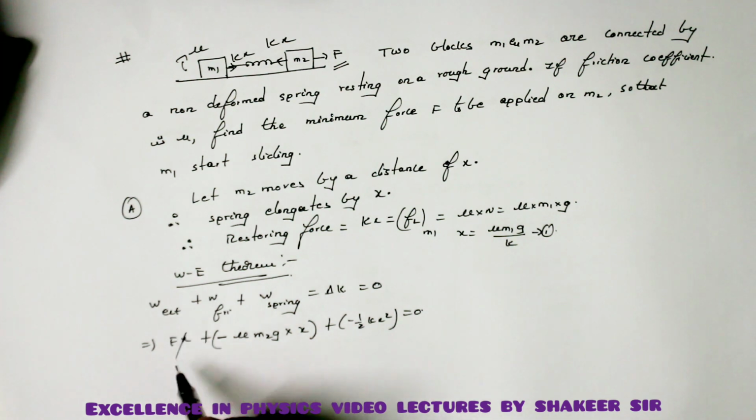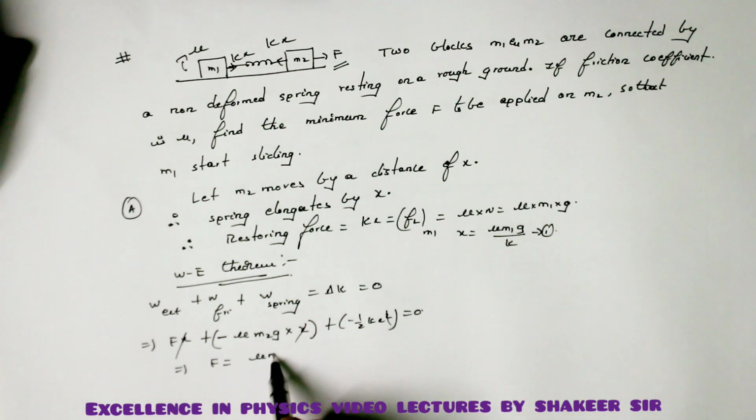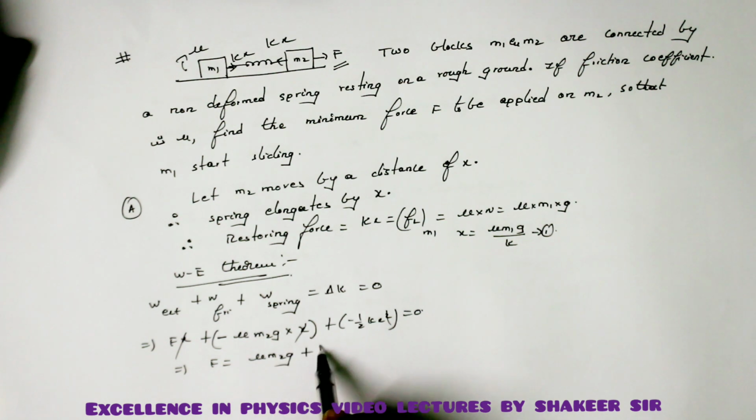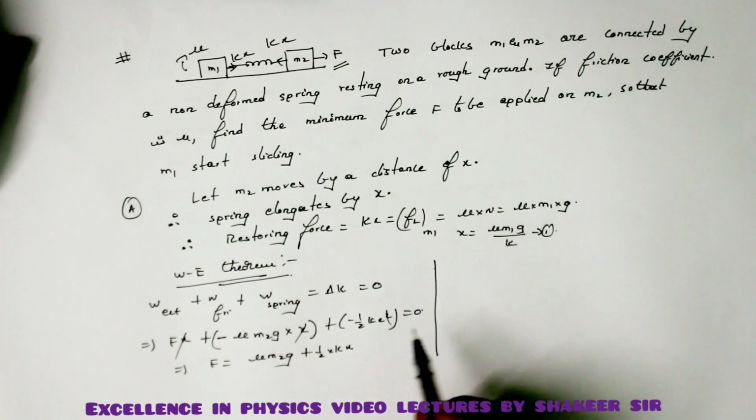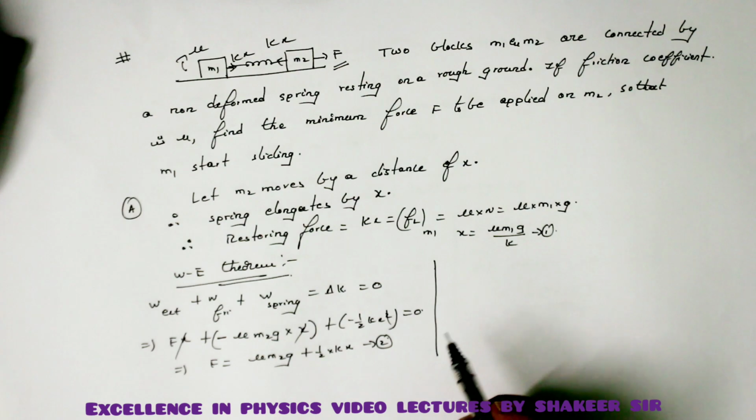So I can write: x and x square, one x gets cancelled. Therefore I got F equals mu m2 g plus half into k into x. Now, let this be my equation number 2.